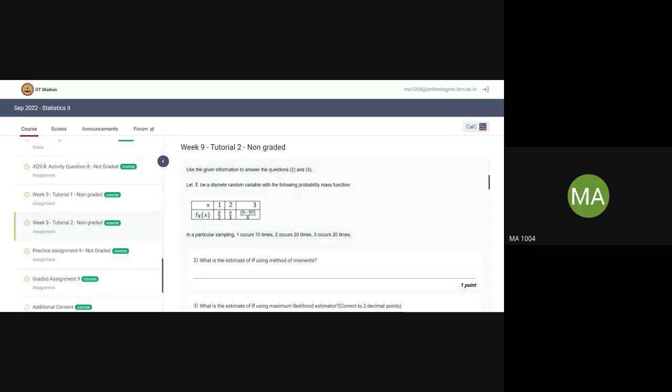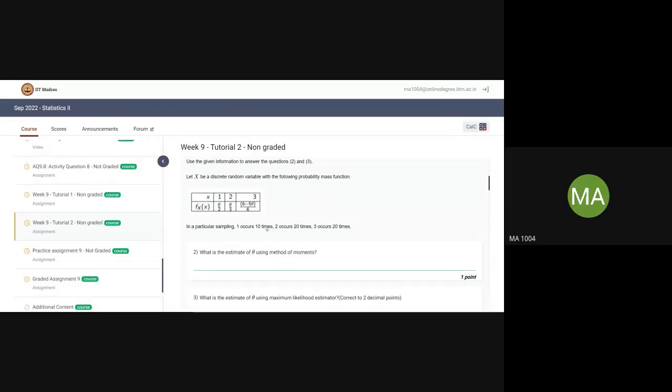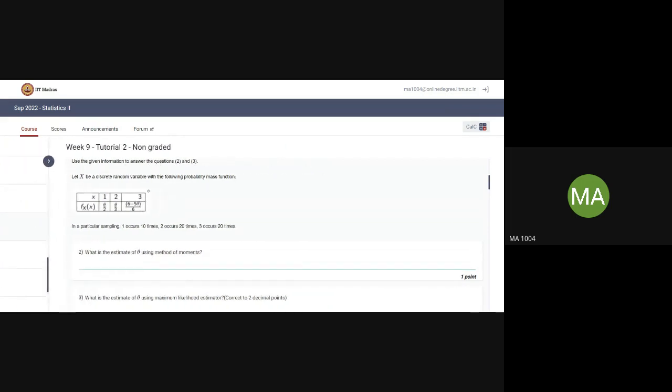Yeah, okay. So see, here x is a discrete random variable, and the samples are coming from a distribution where 1 is coming with probability theta by 2, 2 is coming with probability theta by 3, and 3 is coming with probability (6 minus 5 theta) by 6. Now you have taken some samples from this x.